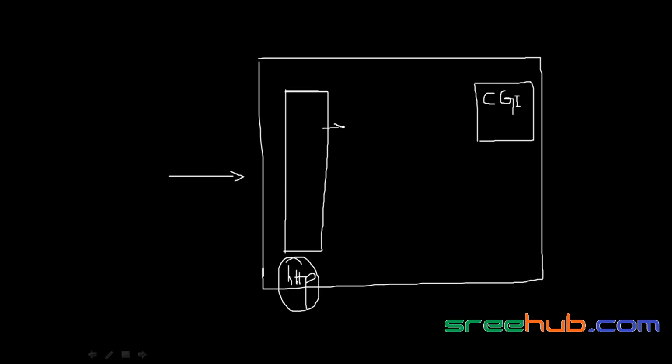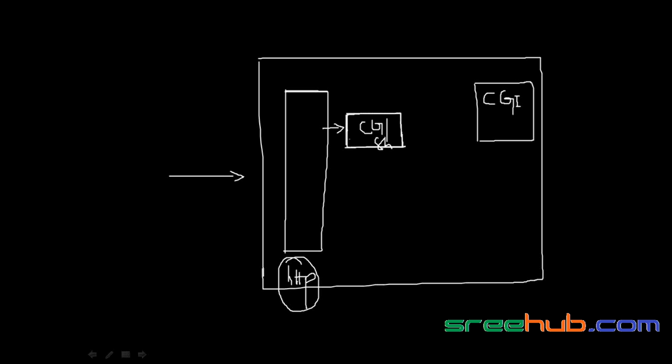Now how CGI works is, whenever there is a request, a new process is created using the CGI shell. This is important to understand. I hope you now understand the difference between a process, a task, and a thread, right?